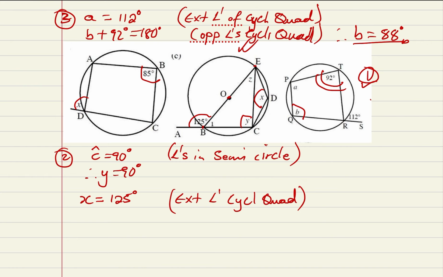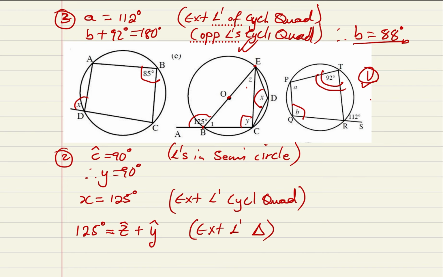Okay, if it's so, I have 2 now. I'm lonely, short with 1. How can I find 1? This one is now 125 degrees is equals to z plus y. This is an exterior angle of a triangle.